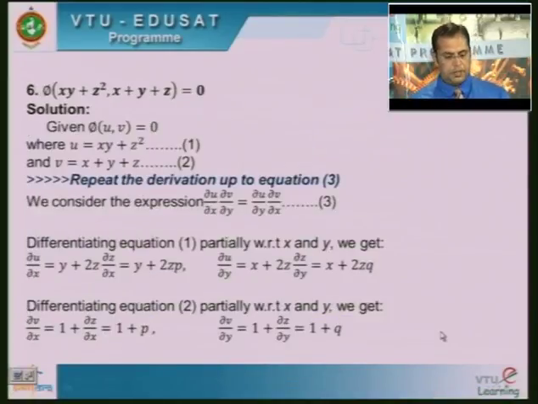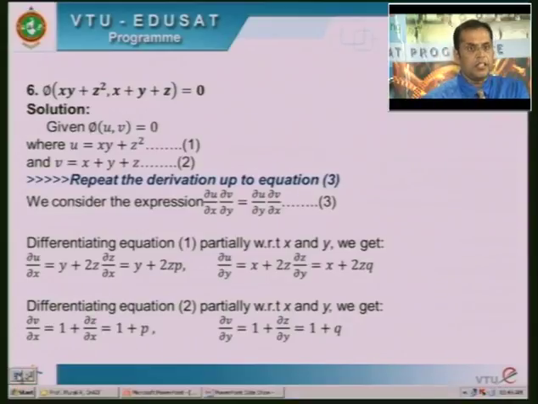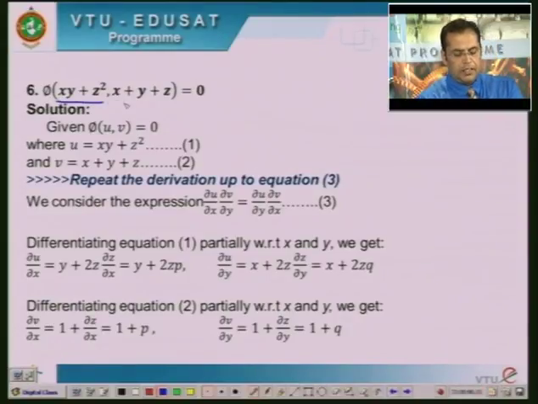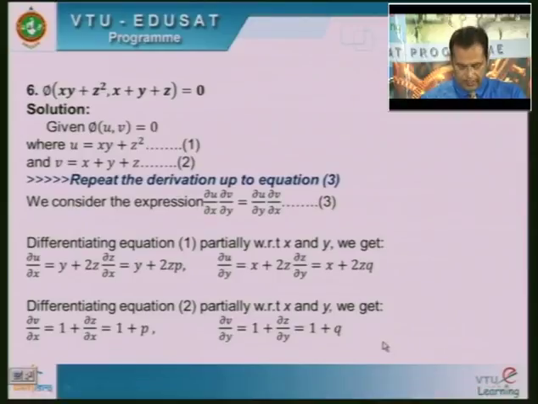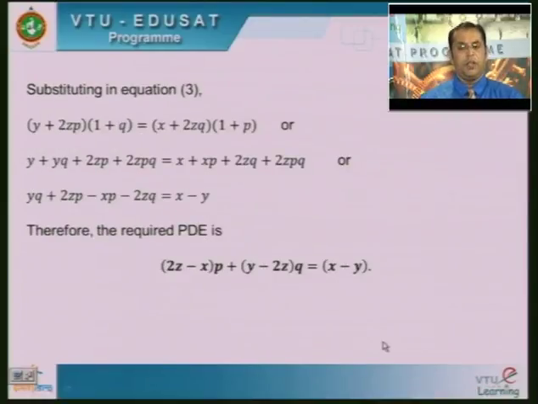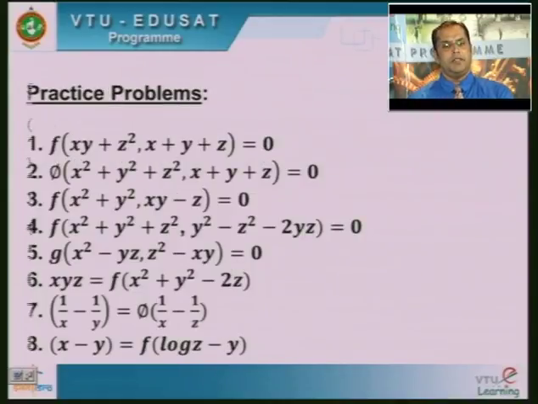Now, there is a similar example which can be practiced at your end. Eliminate the function phi, these are u and v, follow the same process to arrive at the PDE (2z minus x) into p plus (y minus 2z) into q equal to x minus y.